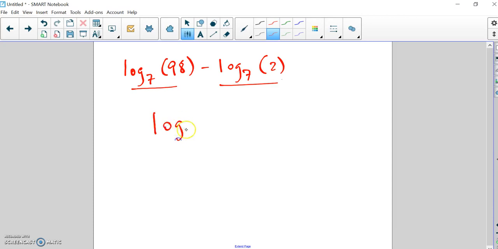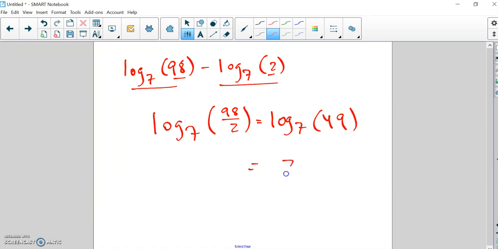However, if we use the quotient property, we can do log base 7 of 98 divided by 2, and 98 divided by 2 is 49, and this is a lot easier because 7 to the second power gives us 49.